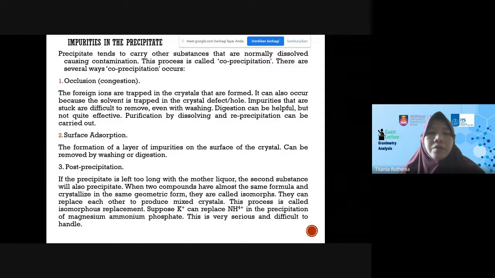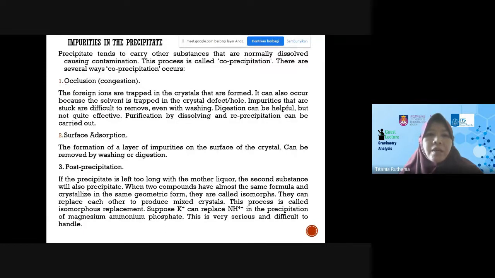However, they also precipitate so that it will cause contamination. This process is called co-precipitation. It means together, so precipitate together. There are several ways co-precipitation occurs.